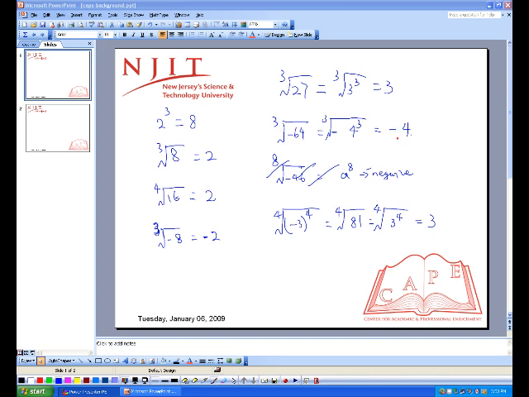But if the root is even, then you cannot have a negative number as the solution. If you have an even root, you always want to deal with a positive number. This is a special case because the number inside here is really not a negative number. It's a positive number.